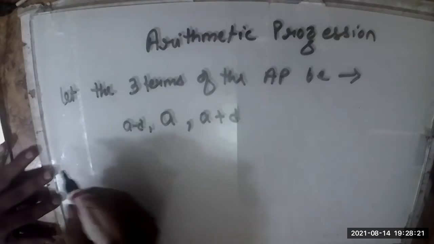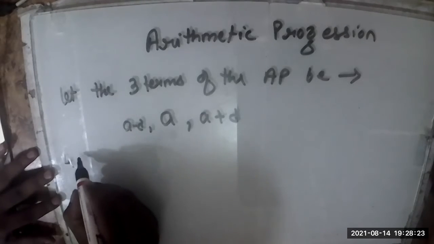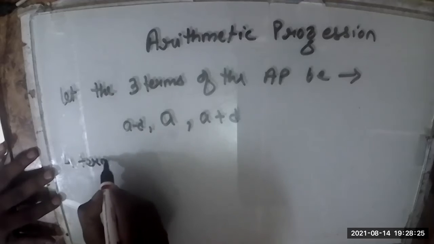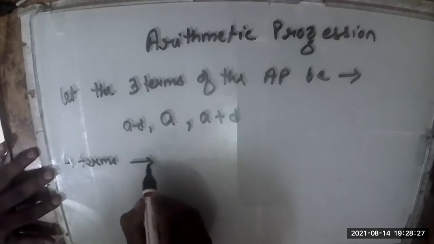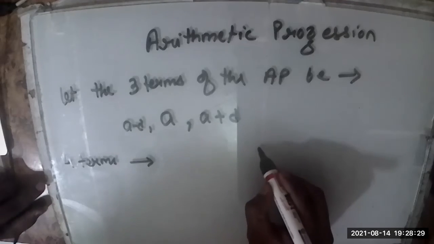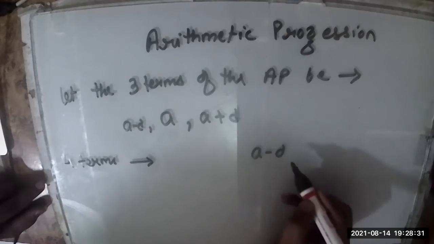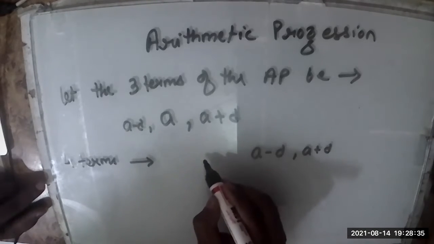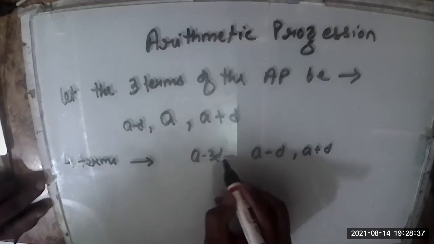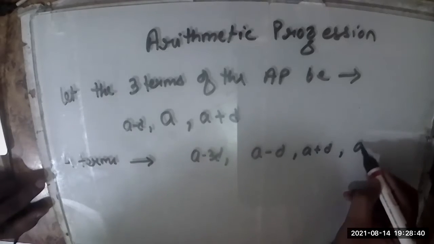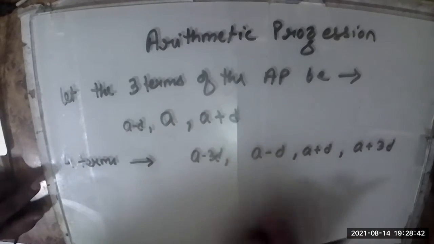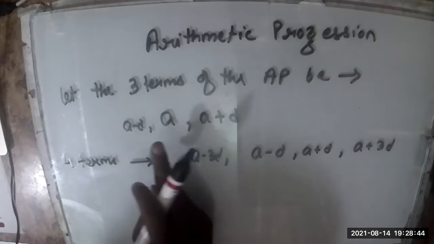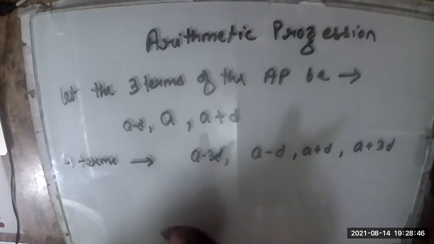If you have to assume four terms, let the four terms of the AP be A minus D, A plus D, A minus 3D, and A plus 3D. You'll find that the common difference in both of them will be the same.